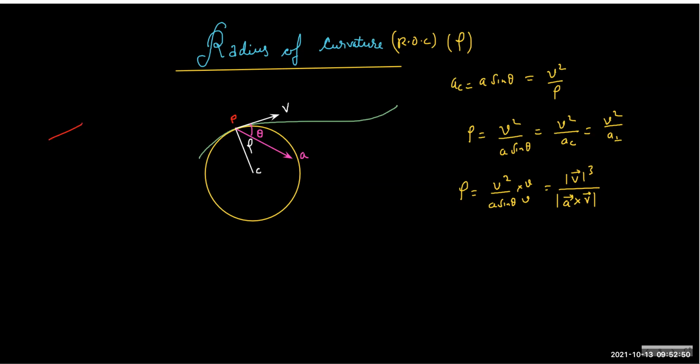The a and v make some angle, and the component of a at right angle to the velocity vector turns out to be a sin theta. The centripetal acceleration is always at right angle to the velocity vector, so we don't resolve v, we only resolve the a vector. Because the formula for circular motion we already know, v square by r, we can compare and get rho. That's the idea.